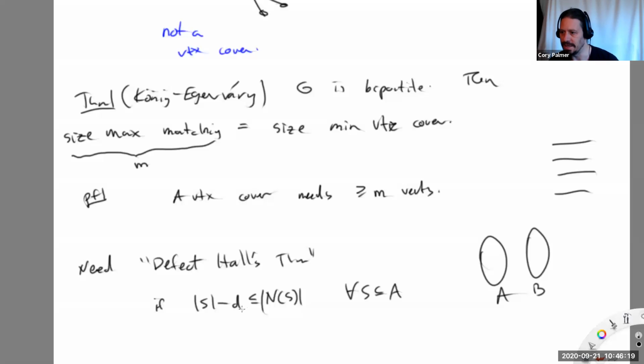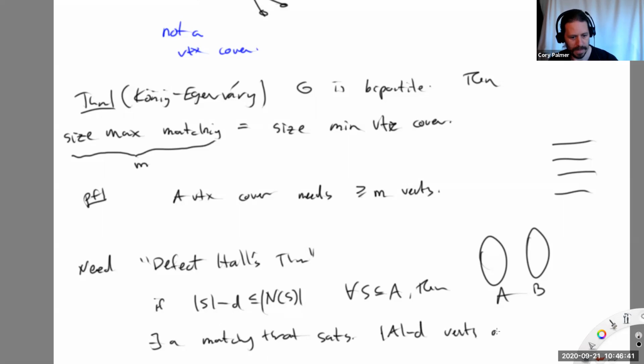There's this annoying D in here, right? In Hall's theorem, it's just that the size of every set should be at most the size of the neighborhood. Then you have a matching saturating A. If you have this, then, and this is actually an if and only if, there exists a matching that saturates |A| minus D vertices of A.